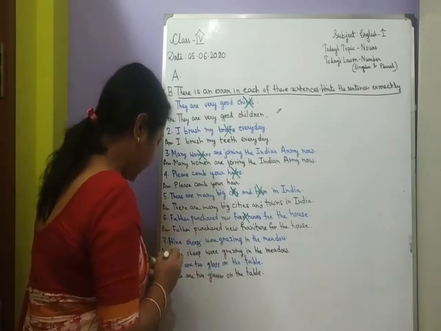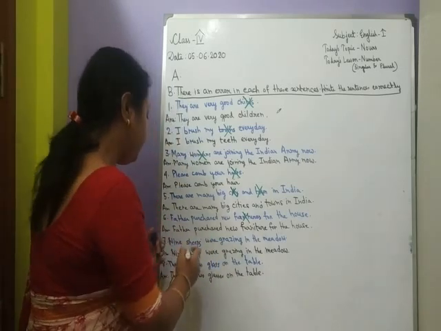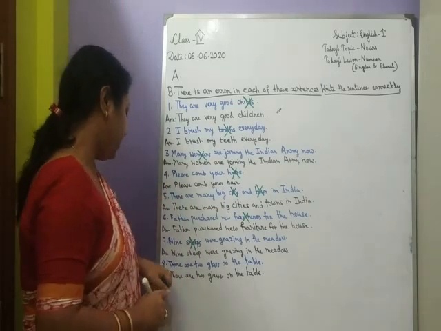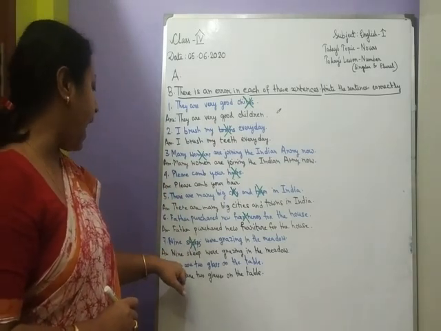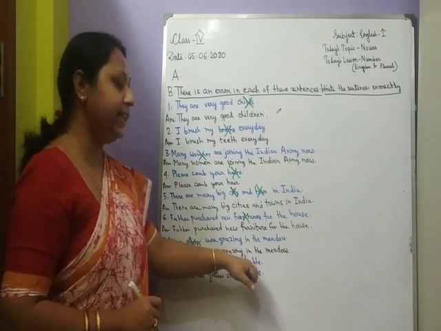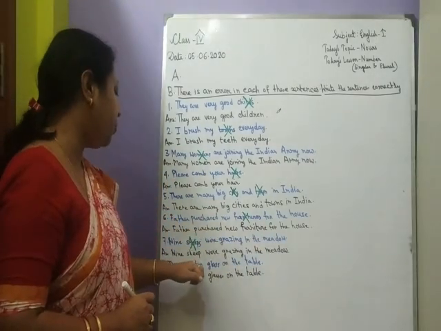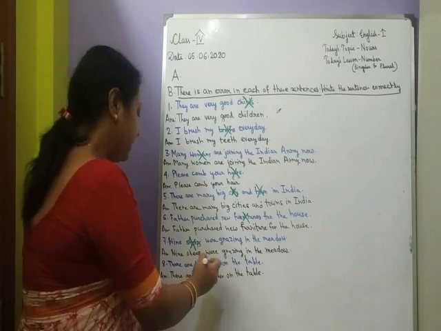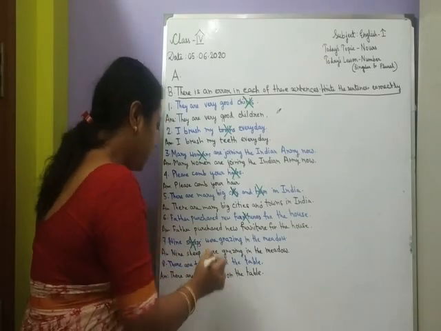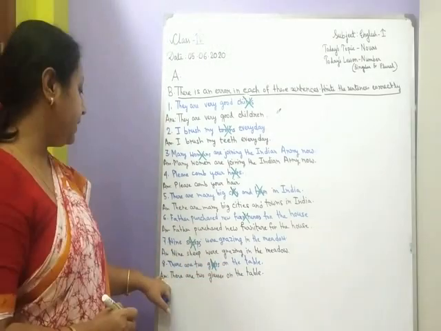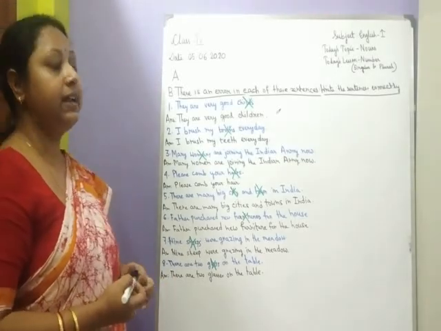Here sheeps is incorrect. It will be sheep. So the answer will be nine sheep were grazing in the meadow. Number 8. There are 2 glass on the table. Glass is incorrect. So the answer will be there are 2 glasses on the table.